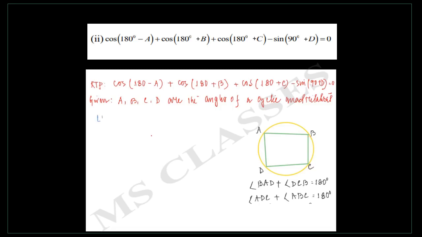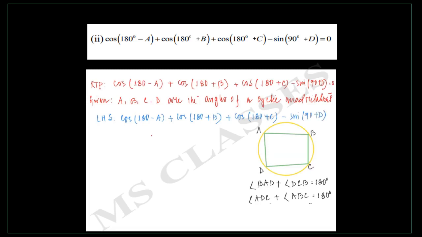We take the LHS, the given expression: cos (180 minus A) plus cos (180 plus B) plus cos (180 plus C) minus sin (90 plus D).